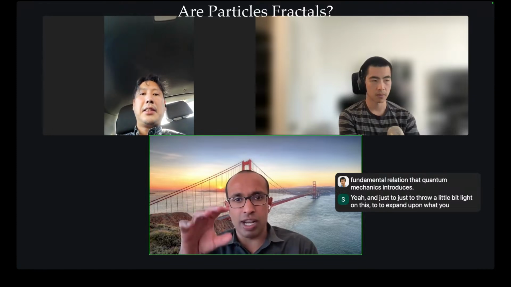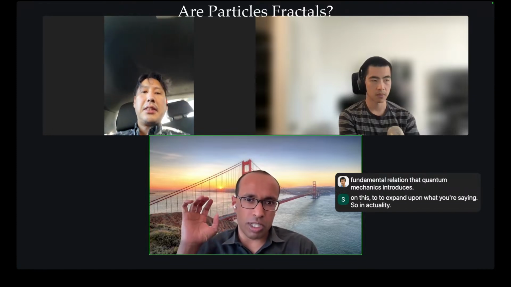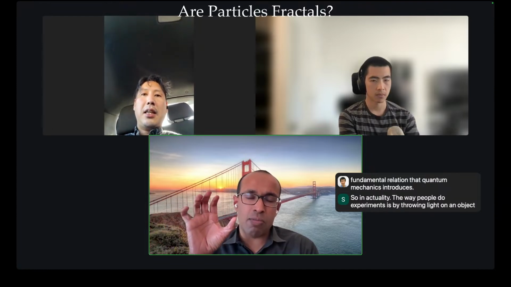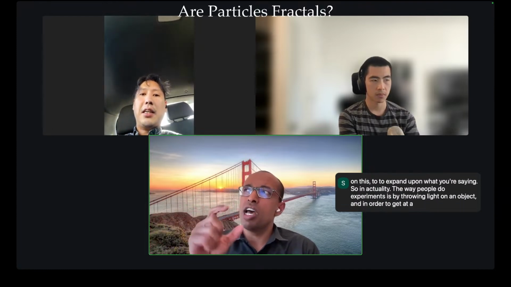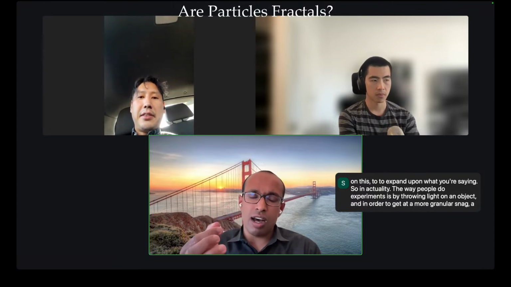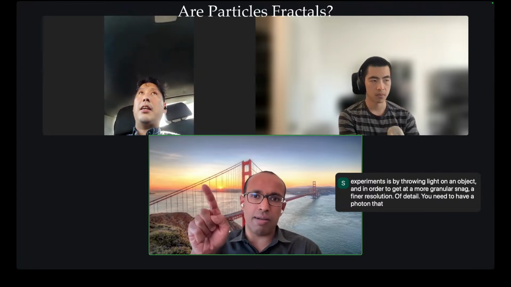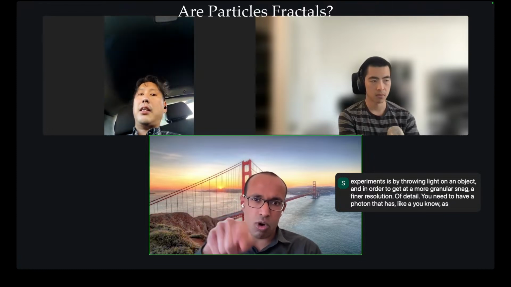Yeah, and just to throw a little bit of light on this, to expand upon what you're saying: in actuality, the way people do experiments is by throwing light on an object, and in order to get at a finer resolution of detail, you need a photon that has a shorter wavelength, meaning more wiggles.